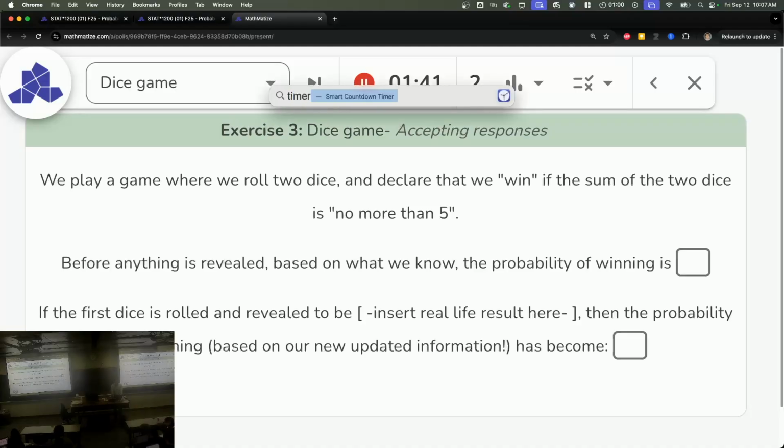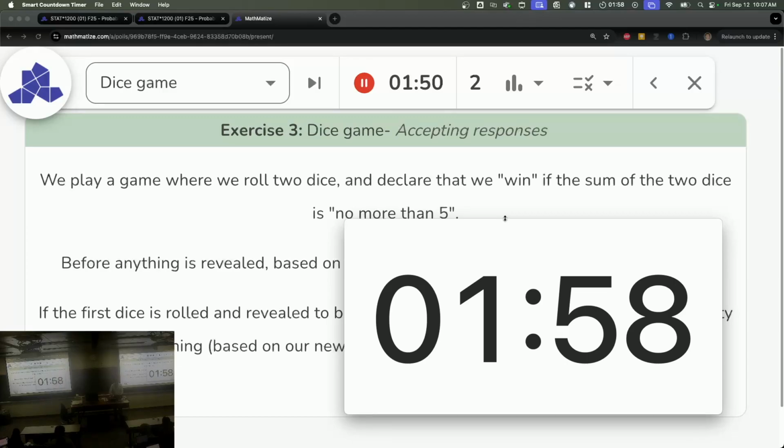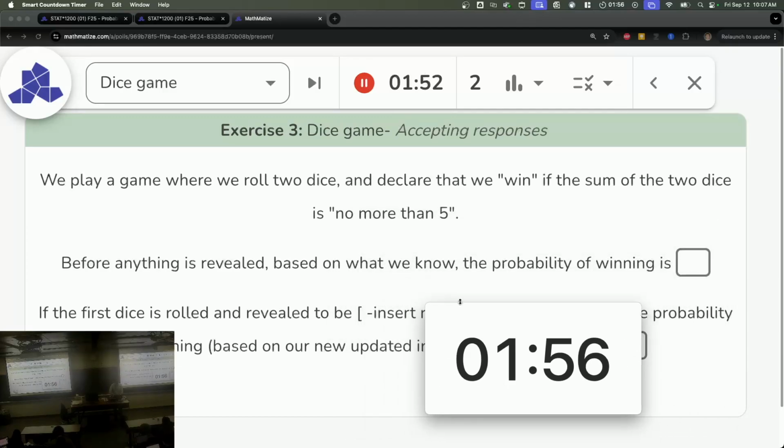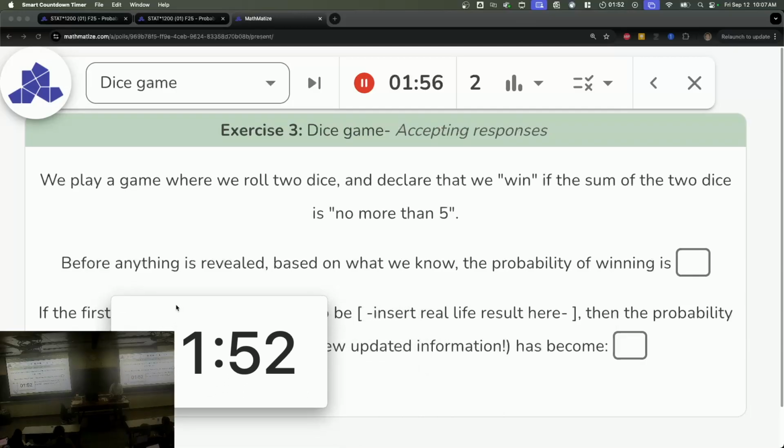Let me start a timer for, say, 2 minutes to give it a shot. Okay, and as a reminder, we rolled a 3. Maybe I should write that on the chalkboard. We rolled a 3 on the first dice.